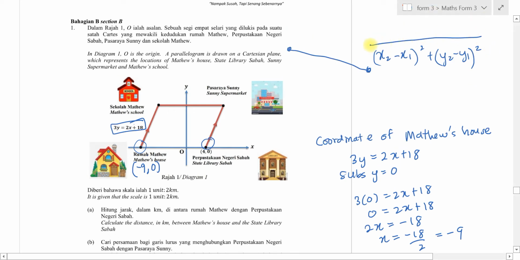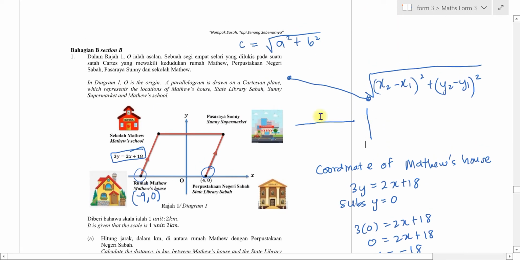In Pythagoras, how do we find the hypotenuse? A square plus b square and then square root. The same formula here. Okay? Only for inclined lines. If horizontal or vertical, just directly minus. That's it. Just directly minus.